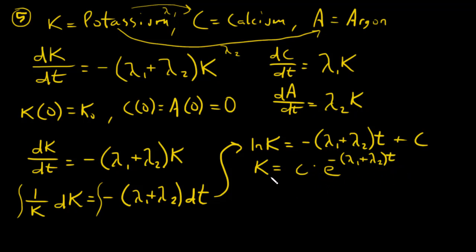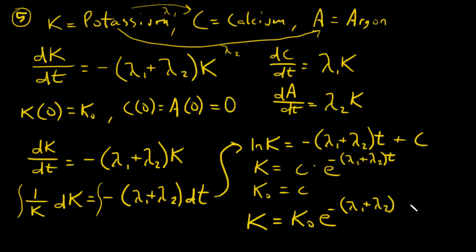And so when I do t equals 0, and the amount of K at t equals 0 is K naught, I'm going to wind up with K naught is equal to c. So my expression is going to be K equals K naught times e to the negative (lambda 1 plus lambda 2) t.